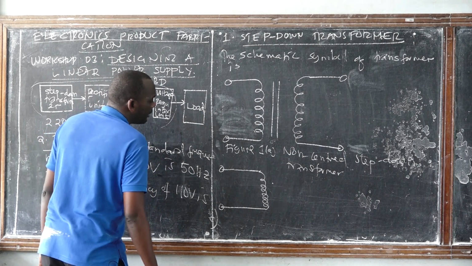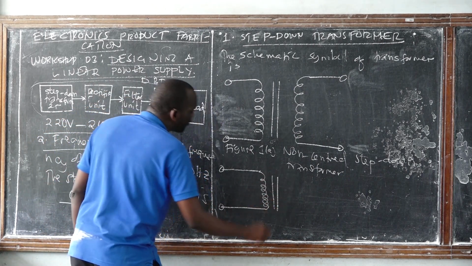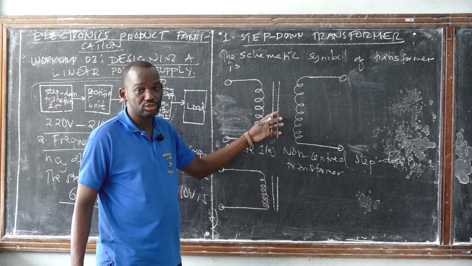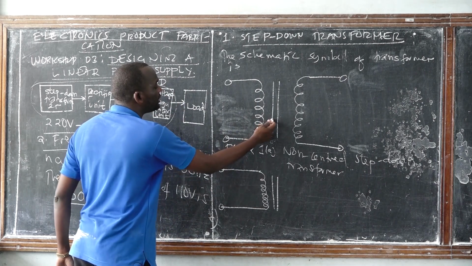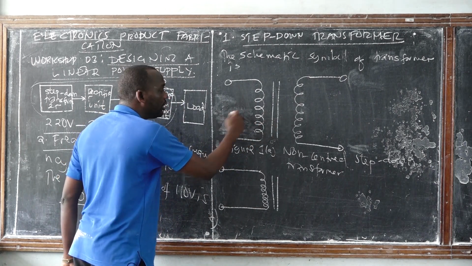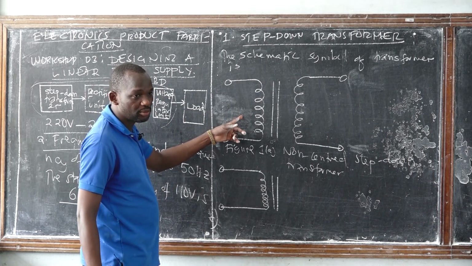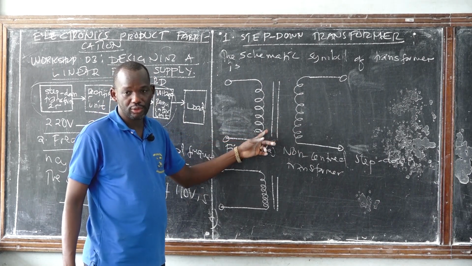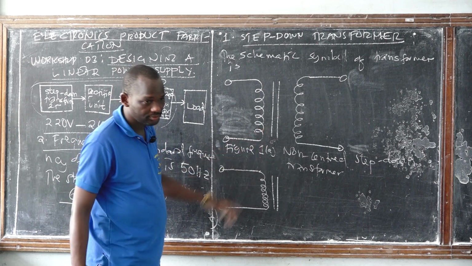Sometimes you might find the symbol of a transformer has 3 bars. It should not be confused, because it depends on the core. This we call a core. This is the primary coil, the secondary coil, simple like that. This is the symbol for an inductor, and the symbol for an iron core, or ferromagnetic material.